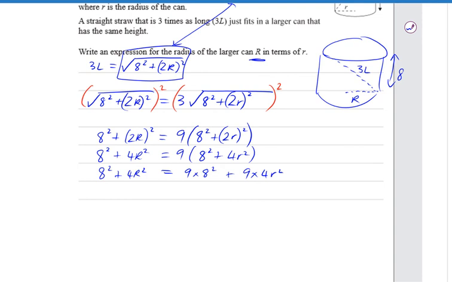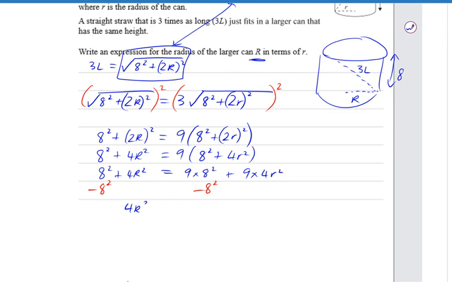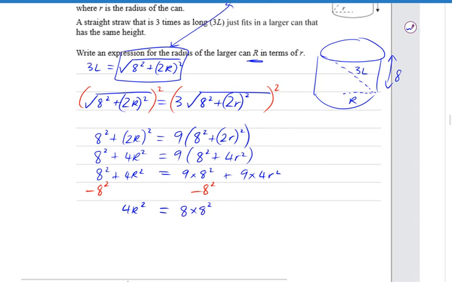So let's subtract 8 squared from both sides, and so that leaves us with 4R squared equals, so if we're subtracting one lot of 8 squared, then we're going to be left with 8 times 8 squared instead of 9 times 8 squared, plus 9 times 4r squared.